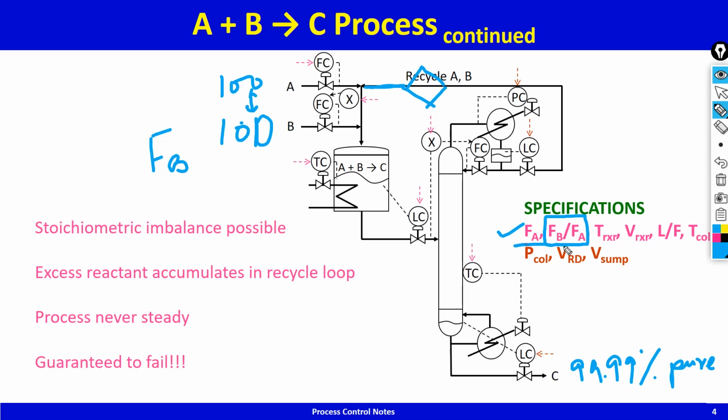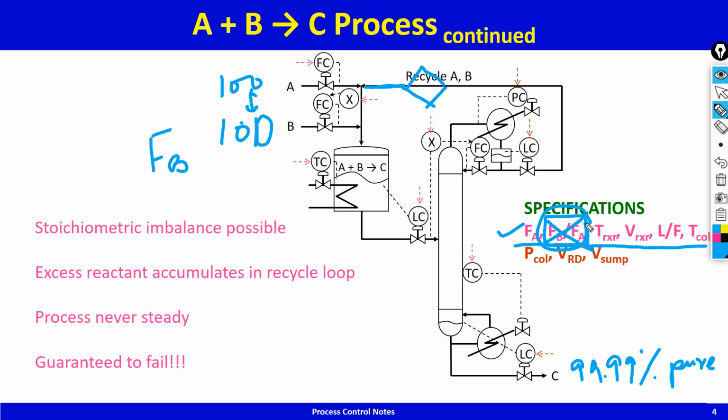We think that we are specifying 6 things, but actually this is a dependent specification. So this is not really a specification, and therefore it's like if there are 6 variables and 5 equations, you get infinite solutions. That's what you'll have here. The recycle tear will converge at whatever is the guess recycle rate that you have given. So you get all these spurious solutions in a simulator, and this is because what we think is a specification is actually not really independent, it's actually dependent.